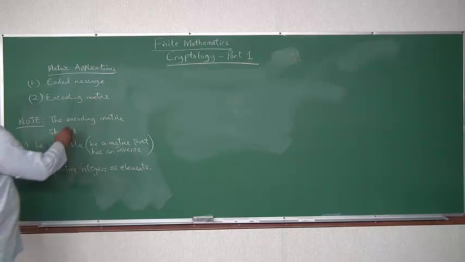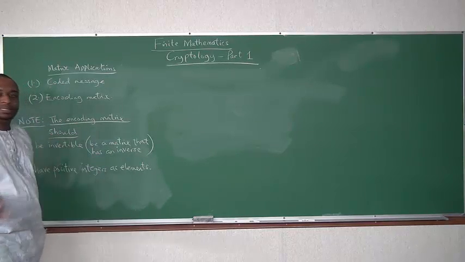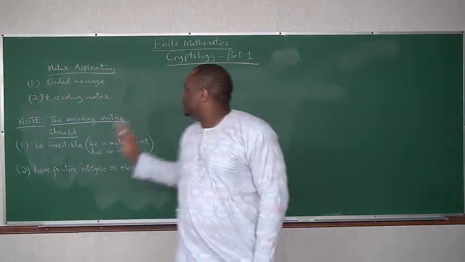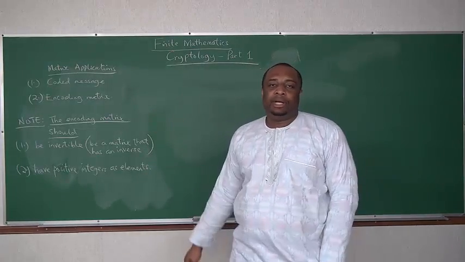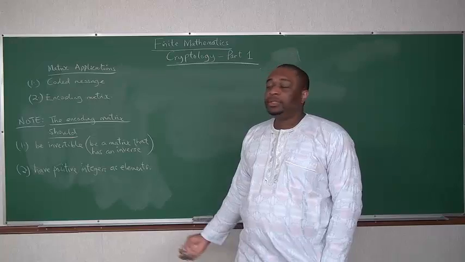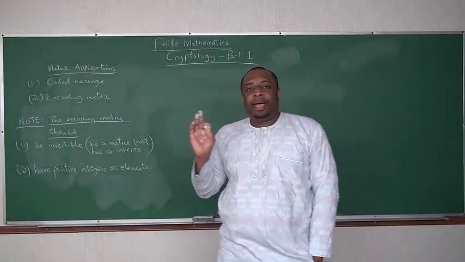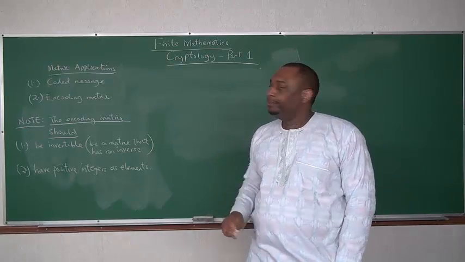So the encoding matrix should have an inverse, and then it should have positive integers as elements. Once these conditions are satisfied, then you can now code your message and then use the encoding matrix to decode the message. We are going to solve an example right away.